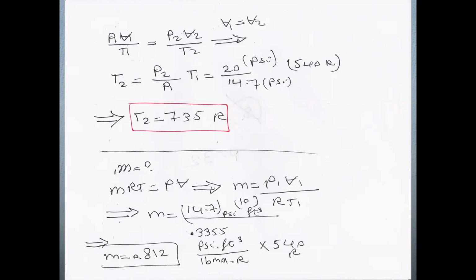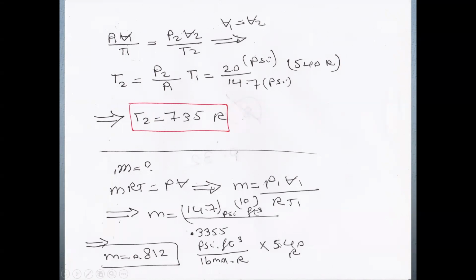And we also need to calculate m. Again, use the ideal gas law. We know PV is mRT and we need m. So m is PV over RT, which can be P1 V1 over R T1. We have T1, that's absolute temperature, right?